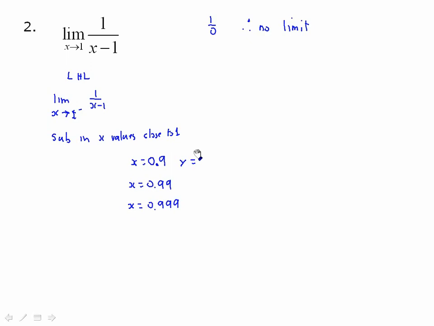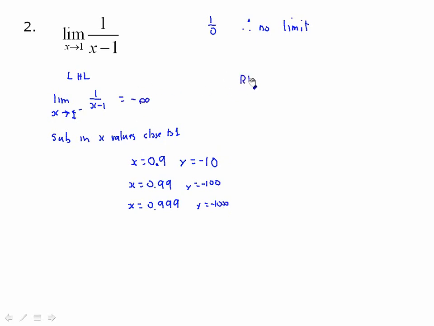So this is equal to negative 10, I believe. I don't have a calculator with me, but that seems reasonable. 1 divided by 1/10, and then this should be y is equal to negative 100. Check those numbers out, but I think they're correct, and so on. So they go on and on. So the left-hand limit appears to be going down forever. Negative infinity, I'll write that.